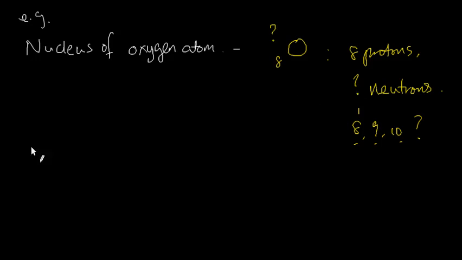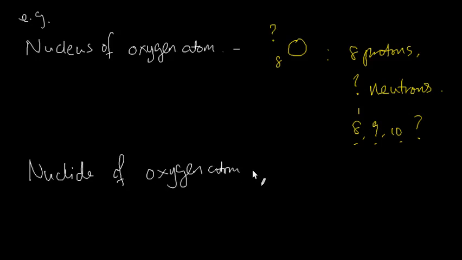But on the other hand, if I talk about nuclide of an oxygen atom, if I say nuclide of an oxygen atom, then I must specify both this and the mass number, or the number of neutrons.